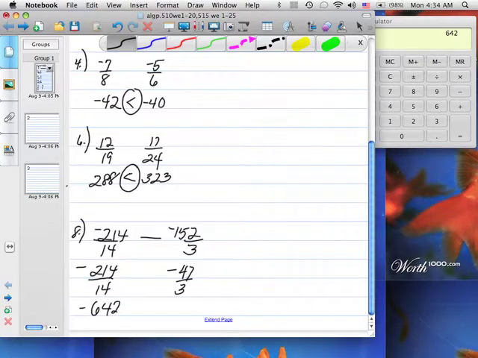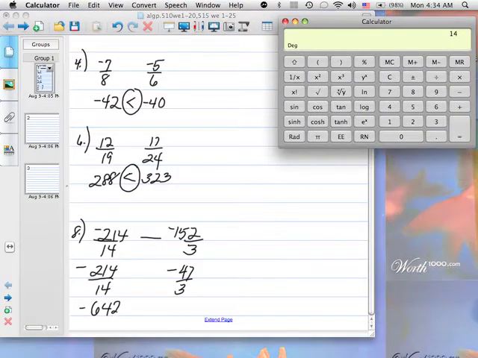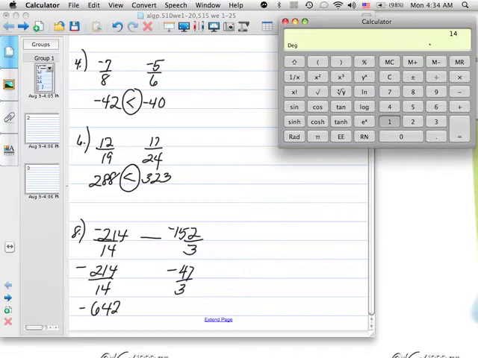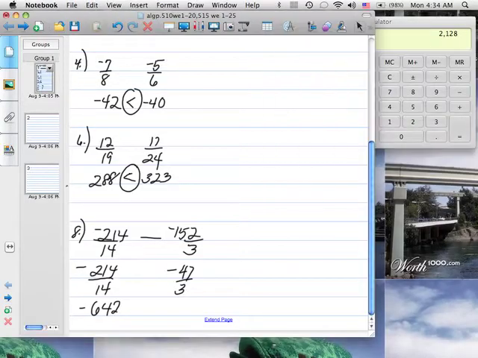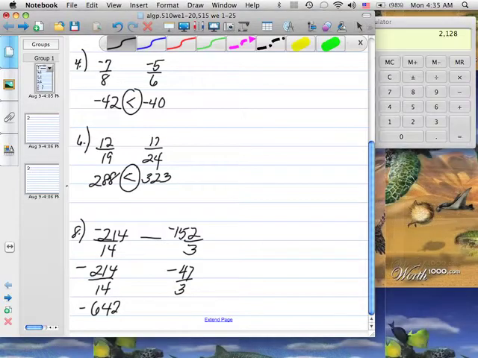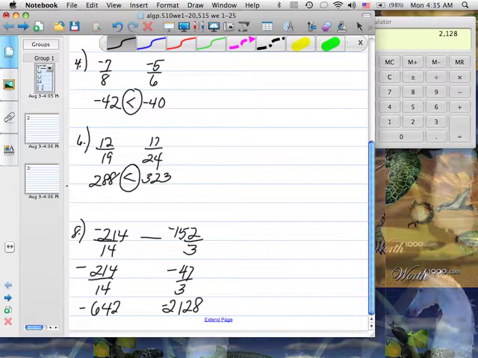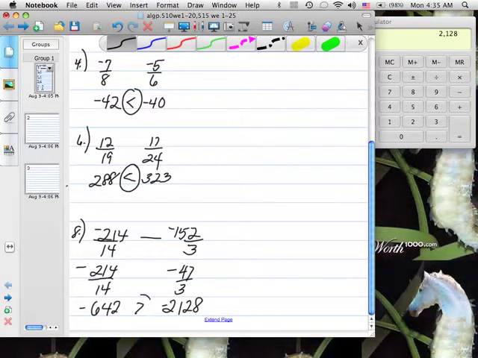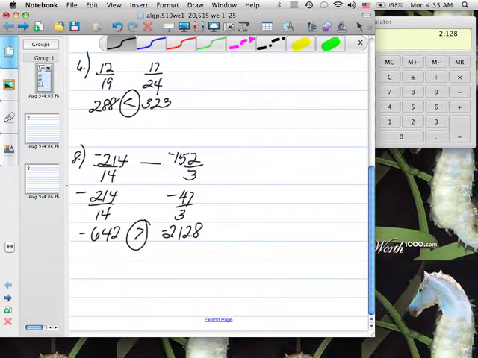And then 14 times negative 152, which is 2,128. And negative 642 is greater than negative 2,128.